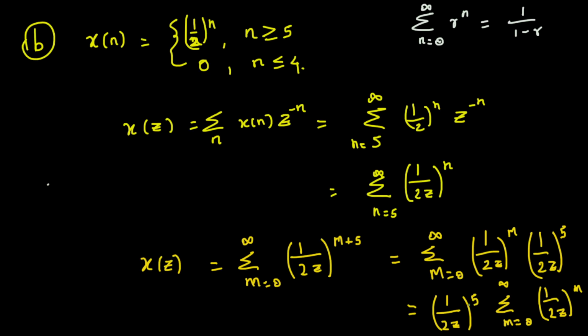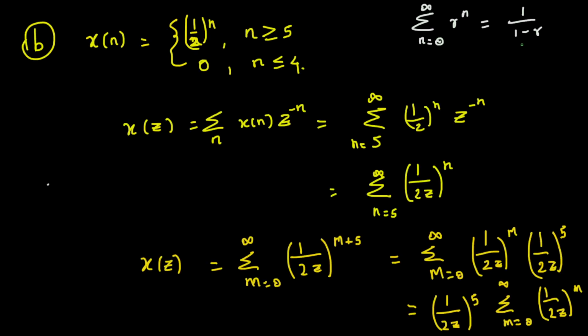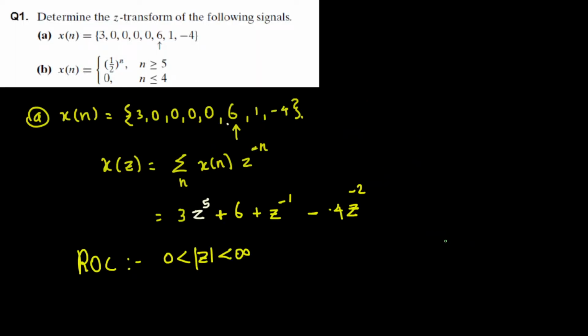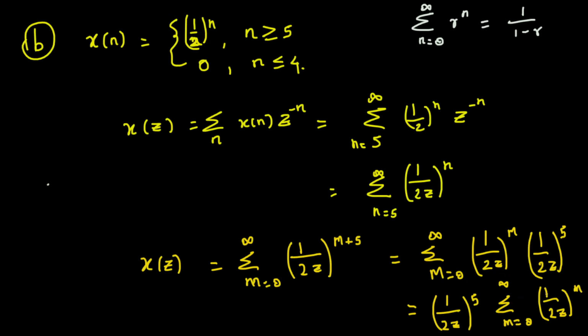The first term remains the same, 1 over 2z power 5, so I keep it as it is. And the second term can be converted like this, 1 over 1 minus, instead of z I put this one right here, 1 over 2z.